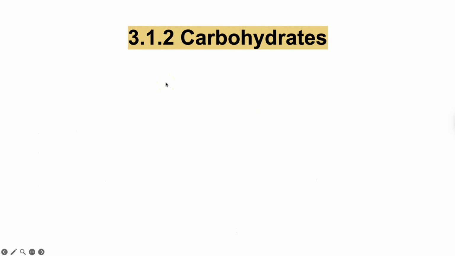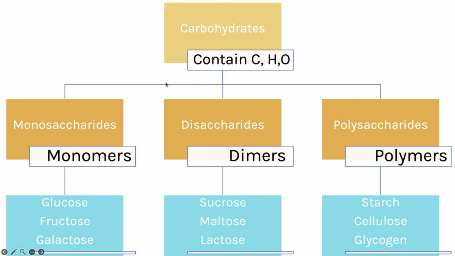So that takes us on to 3.1.2 carbohydrates. And here's just a general overview of the different carbohydrates that you need to know for AQA biology. The monosaccharides are the monomers, and it's these three here, glucose, fructose and galactose. Disaccharides are made up of two monosaccharides, and you need to know about sucrose, maltose and lactose.